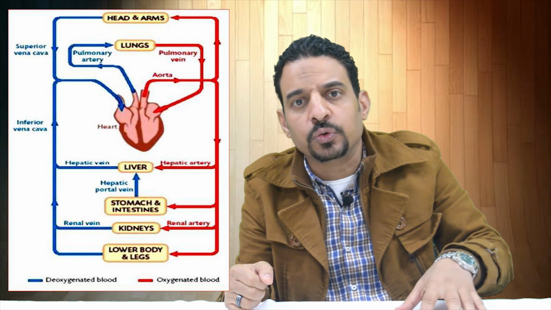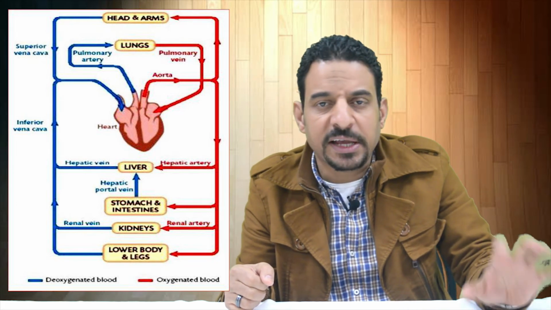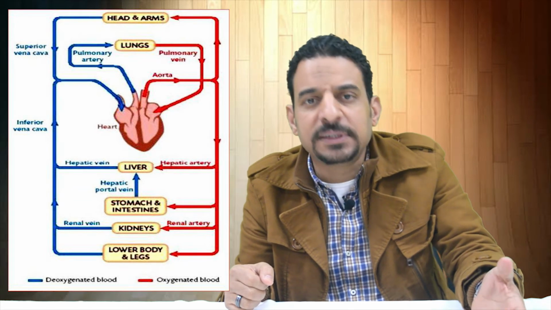Aorta branches into many branches of arteries and arterioles, then capillaries inside body organs provide them with oxygenated blood and return back with carbon dioxide, so the blood now is called deoxygenated. Deoxygenated blood returns back through two large veins called vena cava, superior vena cava and inferior vena cava, to the right side of heart, to the right atrium. That is the second type of circulation.